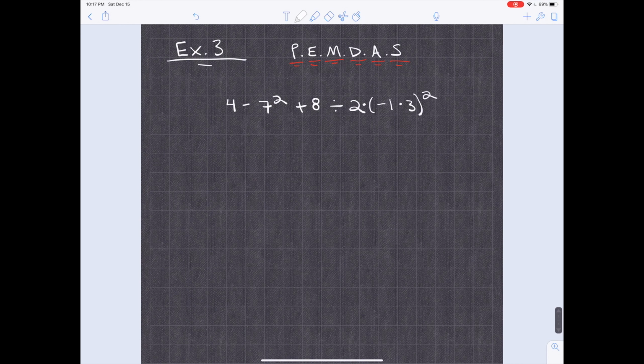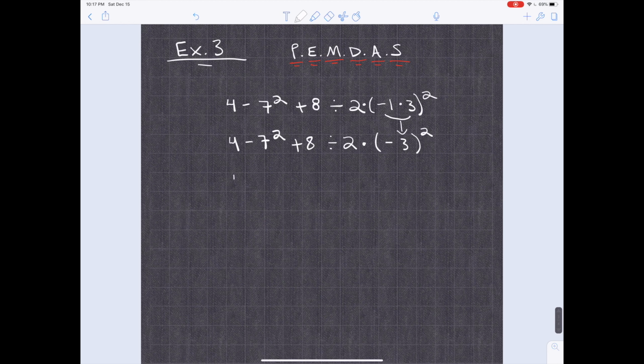So let's go ahead and rewrite the equation. 4 minus 7 squared plus 8 divided by 2 times minus 1 times 3 is going to give us minus 3. And that's squared. Next up, we would go to exponents.